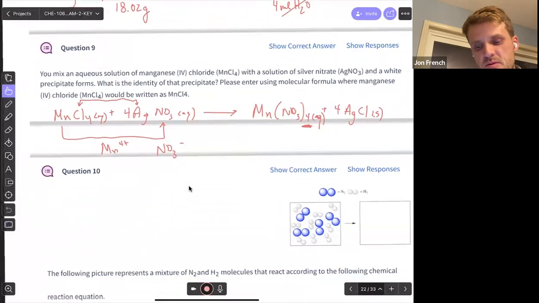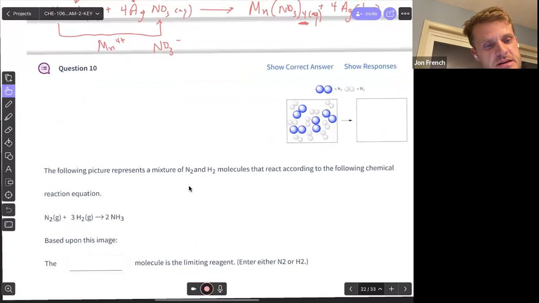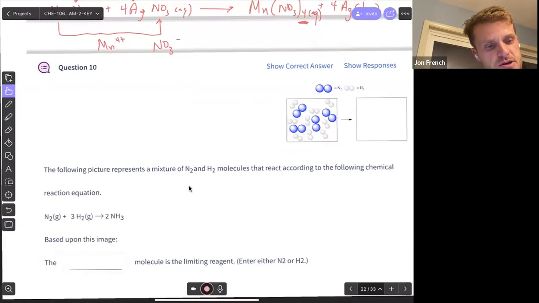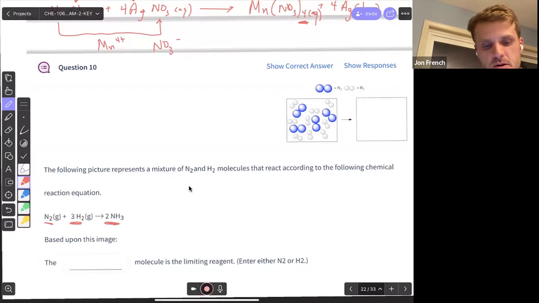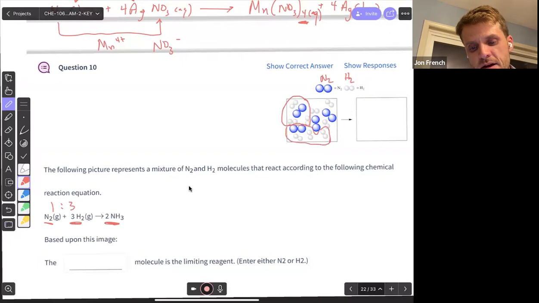All right, question 10 will be the last one for this block. We've got this reaction, the Haber process. Nitrogen reacts with hydrogen to produce ammonia: 1 nitrogen and 3 hydrogens make 2 ammonia. So what's the limiting reagent? They react in a 1-to-3 ratio. So if I need 3 hydrogens to react, there's 1 reaction, 2 reactions, 3 reactions, and I have 1 nitrogen left over.